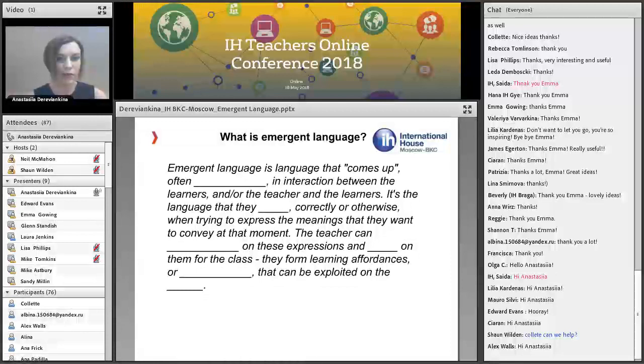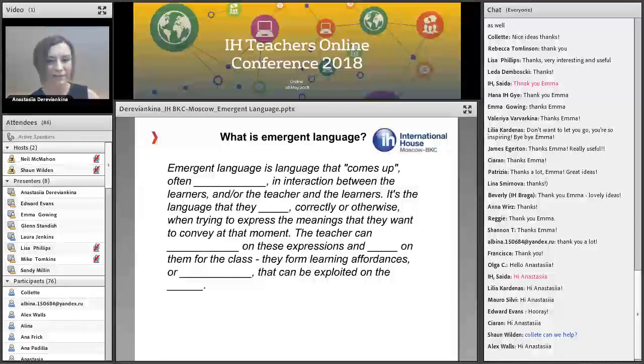First, what's emergent language? Here is the definition that I found on the ELT glossary website. First, look through it. Take your time. All right, so I'm going to read it now for you, and stop in each and every gap, so you can type your ideas. So emergent language is language that comes up often.